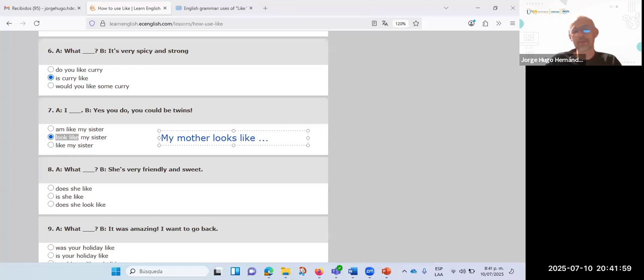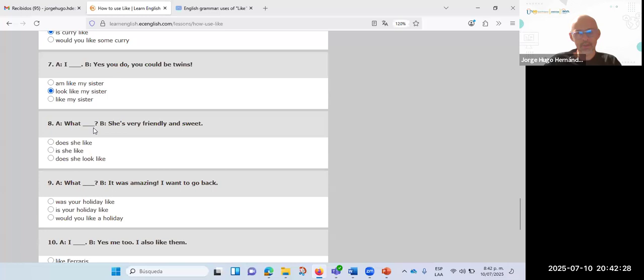Mi mamá se parece, y decimos a qué se parece, ¿no? So when we say look like or looks like, parecerse a algo. Okay, yes, you do. You could be twins because you are very similar to your sister, no? So that's why you could be twins.